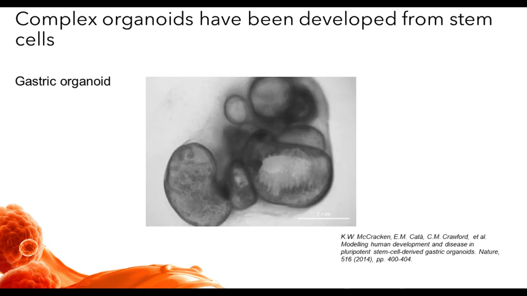And then a final example of 3D culture when looking at organoids is this gastric organoid here. In this case, this is also grown in Matrigel, just as in the previous slide. Human iPSC cells have been grown into an endoderm tissue.